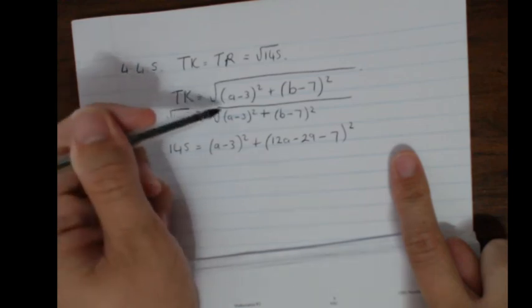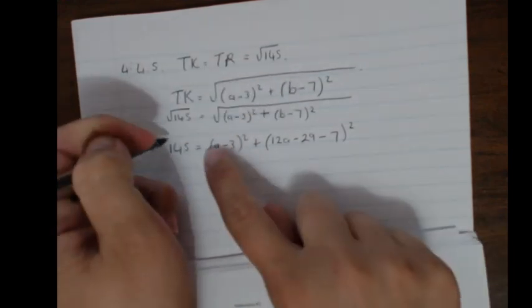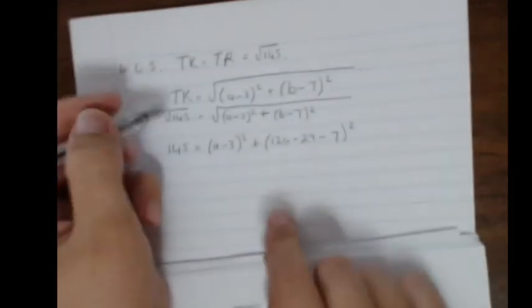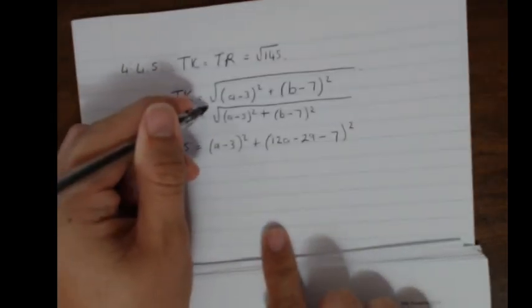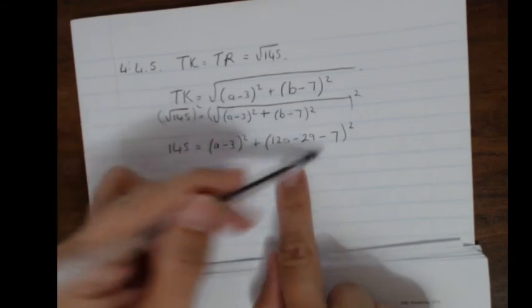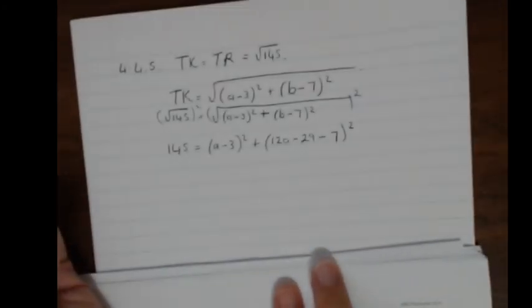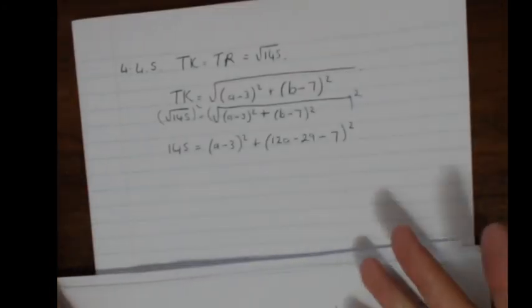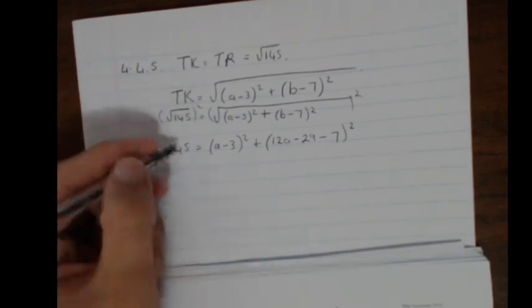You see I left out the square root since they're on both sides. I just squared both sides, and then I also replaced the b with the 12a minus 29 from the previous question. And now this is a quadratic equation.